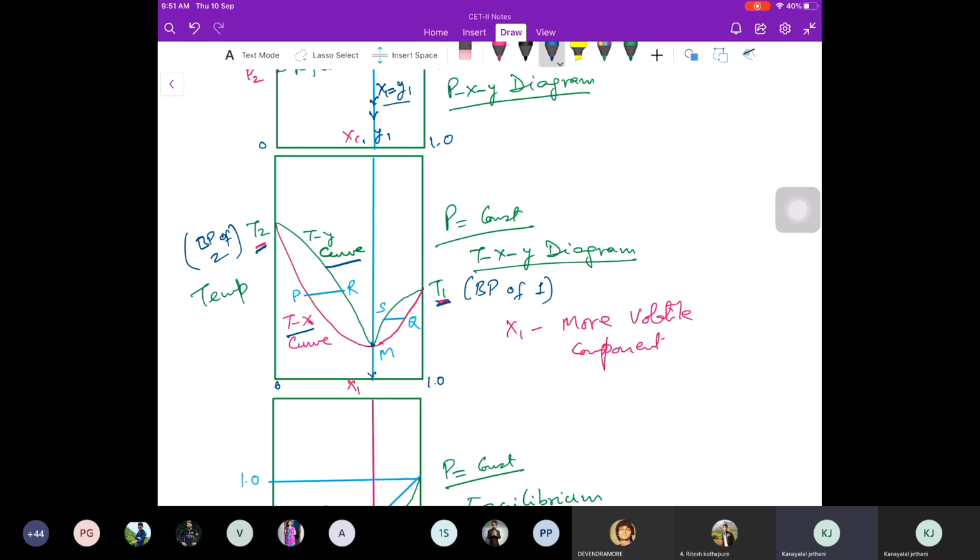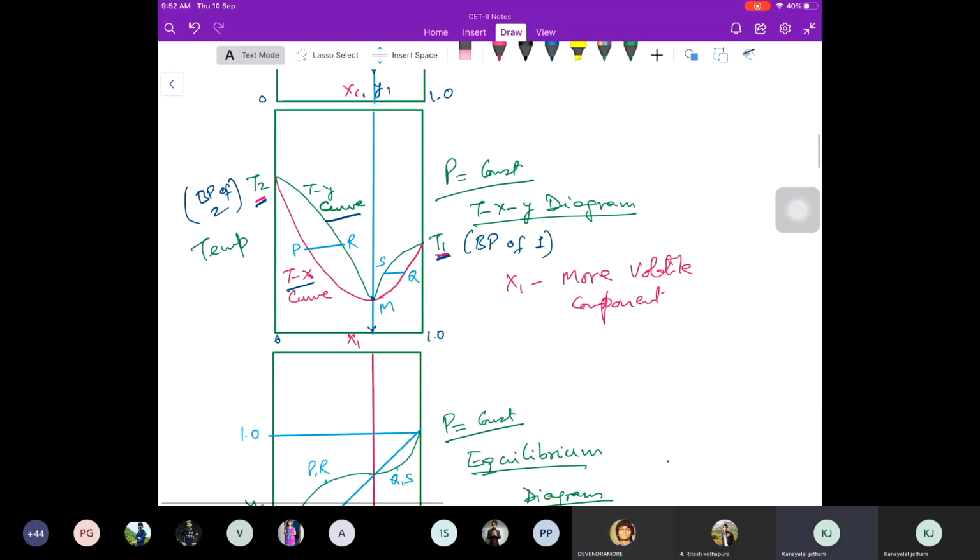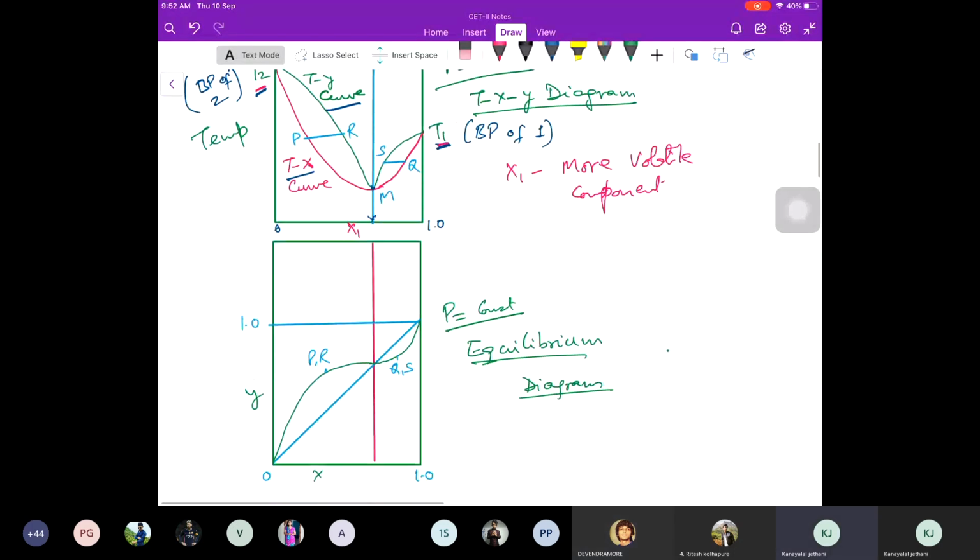That is why it's called a minimum boiling azeotrope. Composition same है, x1 equal to y1, temperature is also less than that of component 1 and component 2 both, and that is why it's called minimum boiling azeotrope. Understood? हाँ sir.